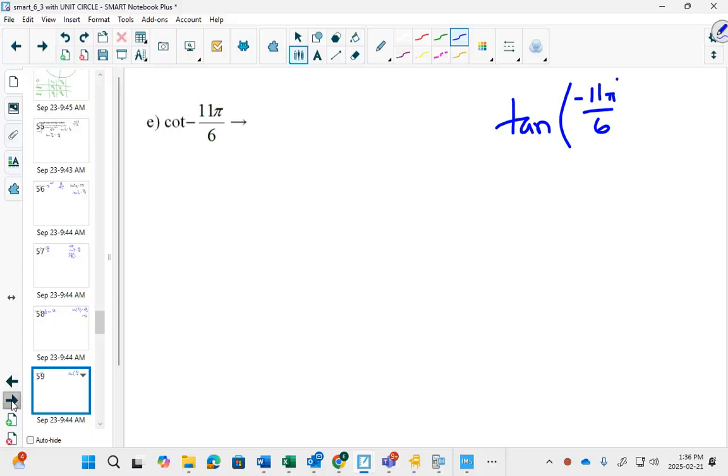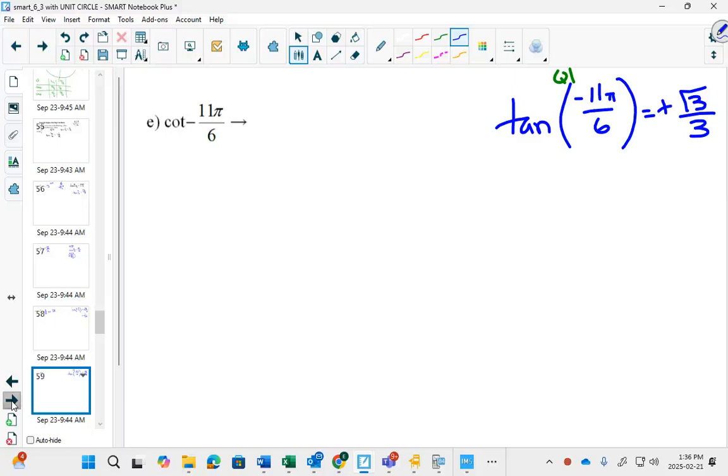So I know that this is in quadrant 1. I already showed you my shortcut for the pi over 6 family. It's going to be 3 plus 3, root 3 over 3. That's 3 plus 3 is 6. And because it's in quadrant 1, it will be positive.